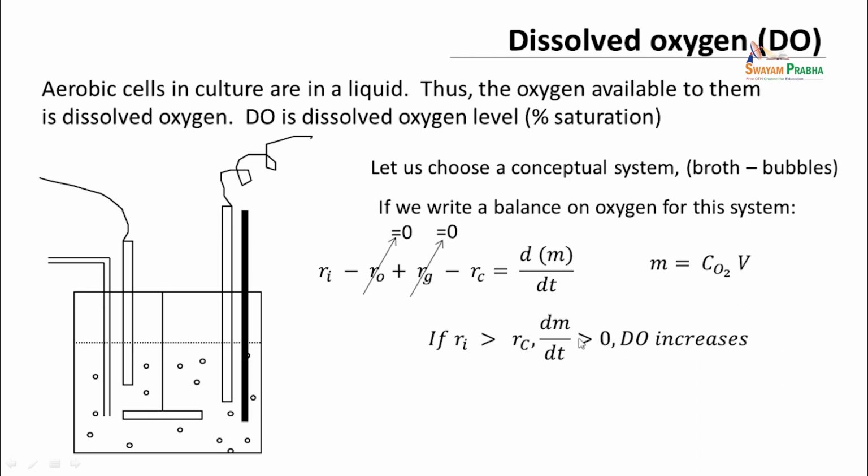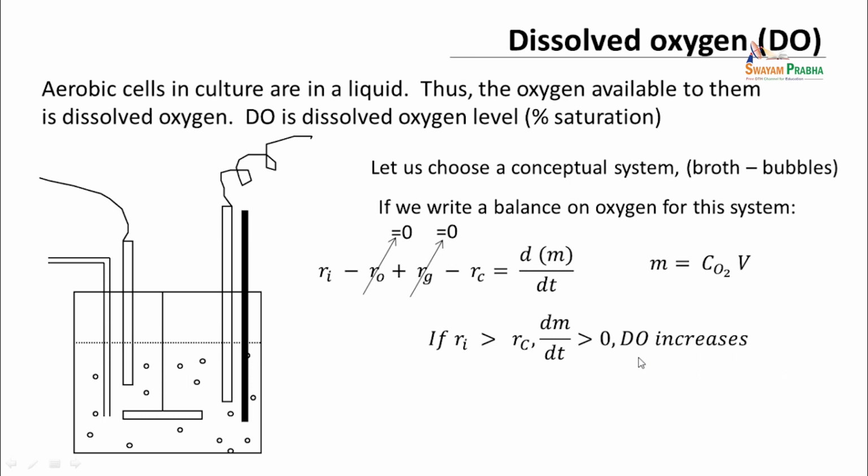Now, if you can provide oxygen at a much faster rate than the rate at which it is being consumed by the cells, the accumulation rate is going to be greater than 0. It's easy to see here. Ri is greater than Rc, therefore Ri minus Rc is positive, therefore dm/dt is going to accumulate.